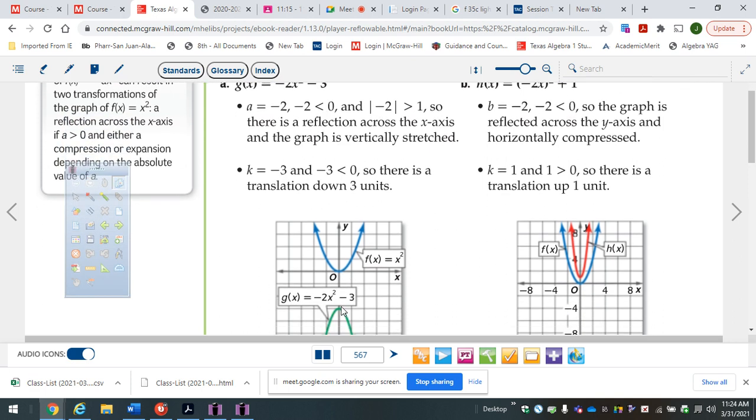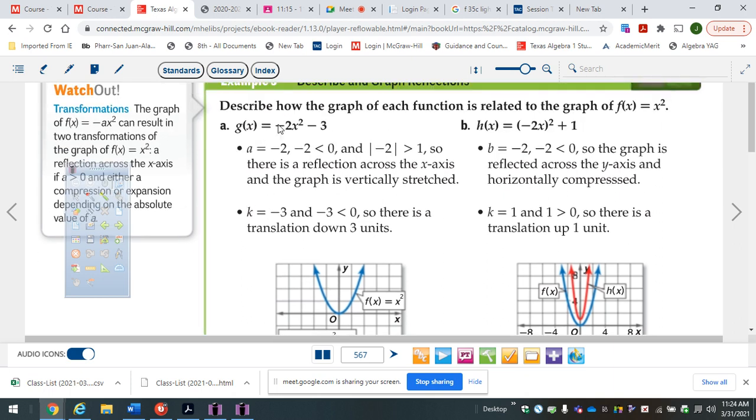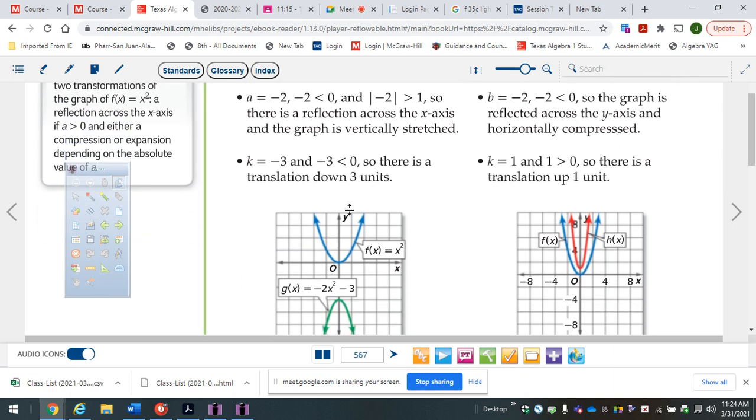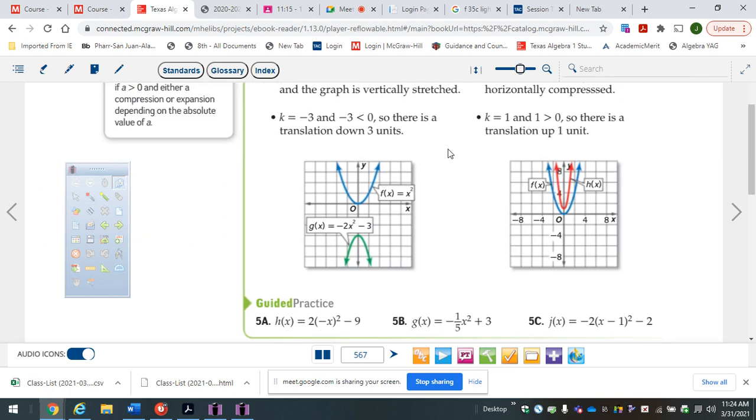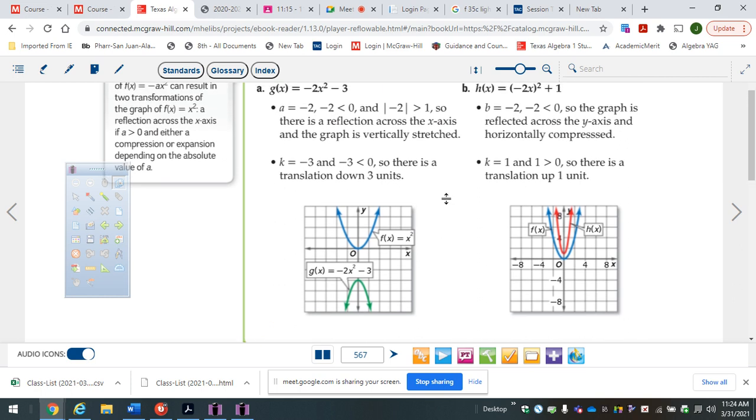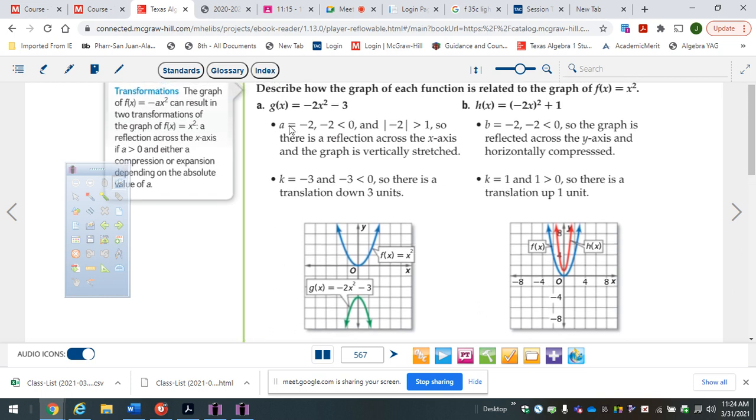So you slide it down. Since this first part is negative, it goes down. This y-intercept makes it go down 3 units. This 2 is greater than 1 as far as the absolute value, so it stretches it vertically. Cool.